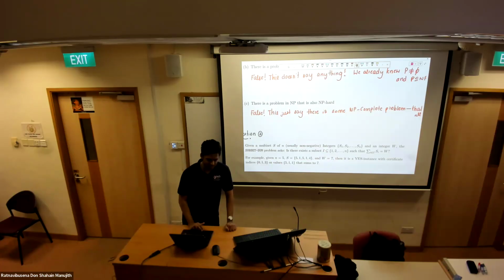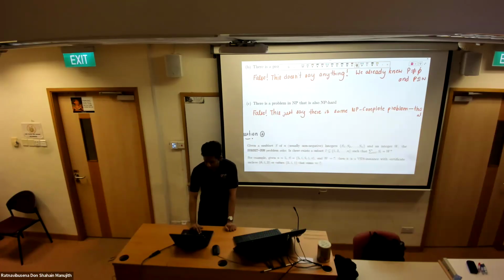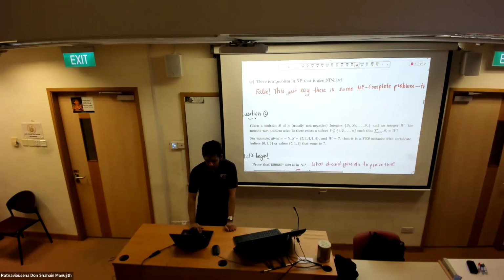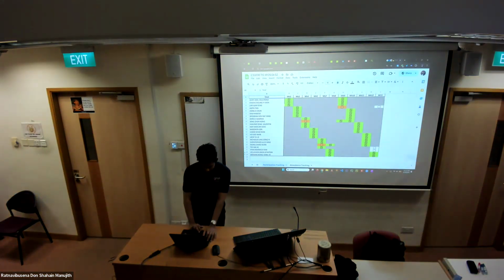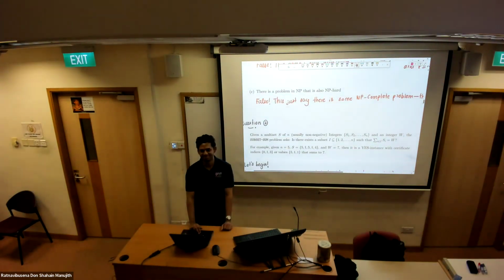Subset sum, you're very familiar with it, right? So we want to show that subset sum is NP-complete. To show that the problem is NP-complete, we need to show two things, right?